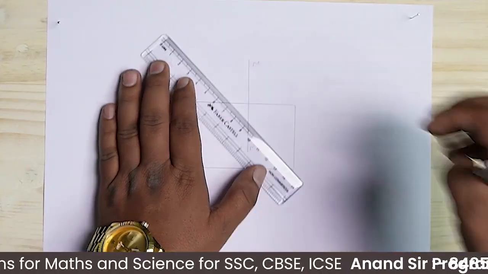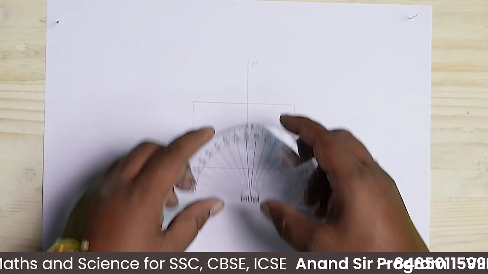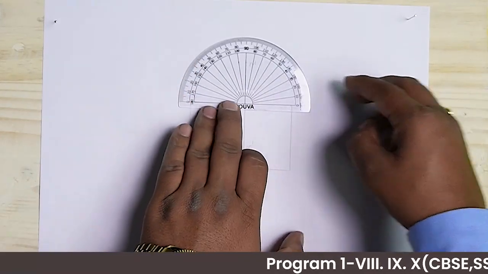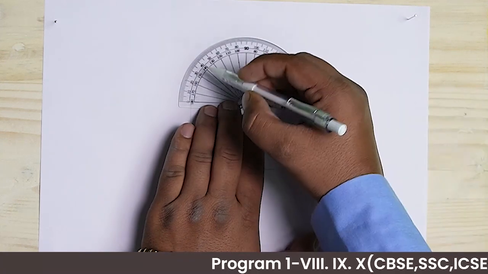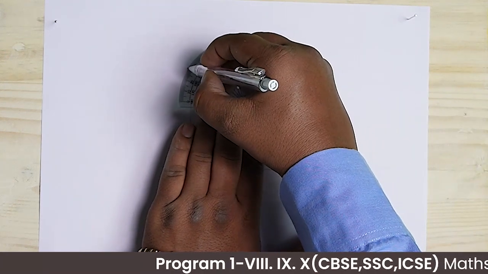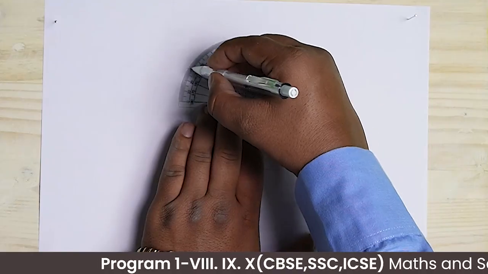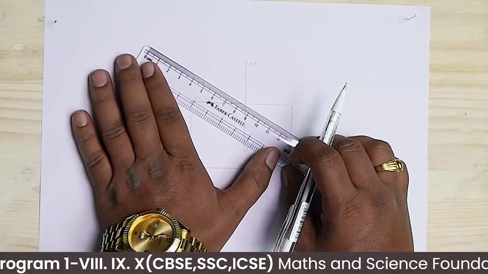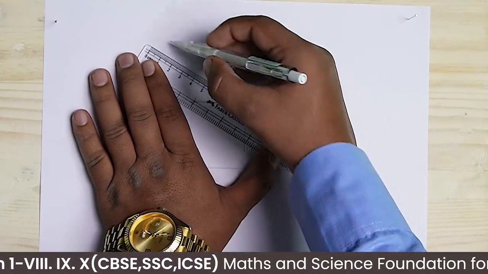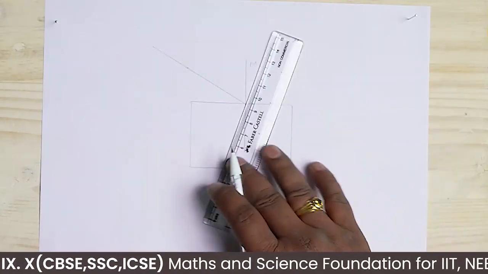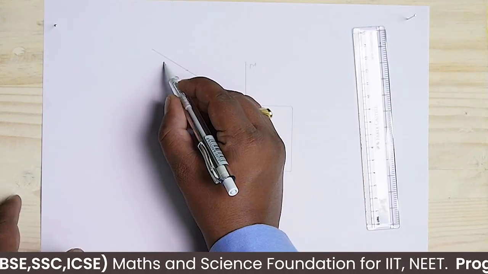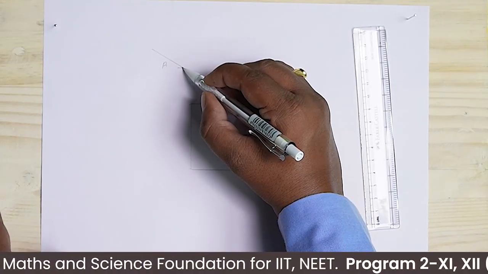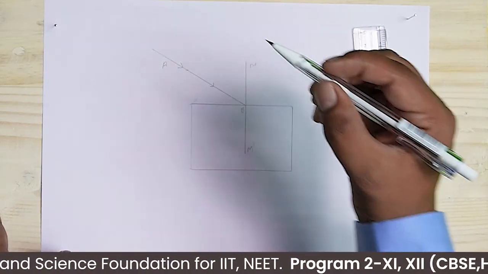Draw the incident ray at a 60 degree angle. Label the incident ray as AB. Draw the arrows indicating the direction of the incident ray.